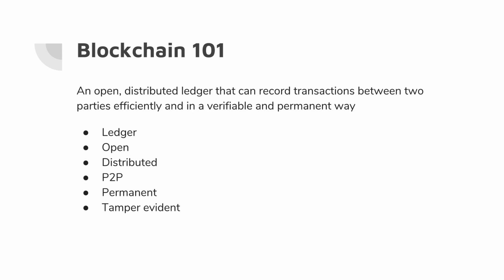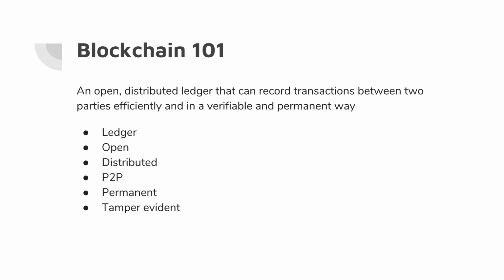Blockchain 101. A blockchain is an open distributed ledger that can record transactions between two parties efficiently and in a verifiable and permanent way. It is a ledger which is open. That means all the parties can read from the ledger, and it's distributed in the sense that there is no one central copy of this ledger.